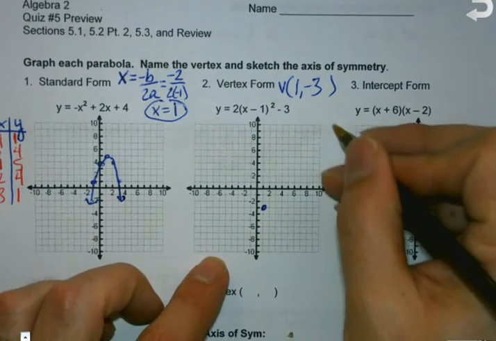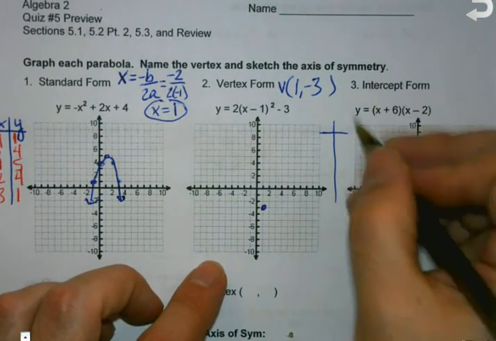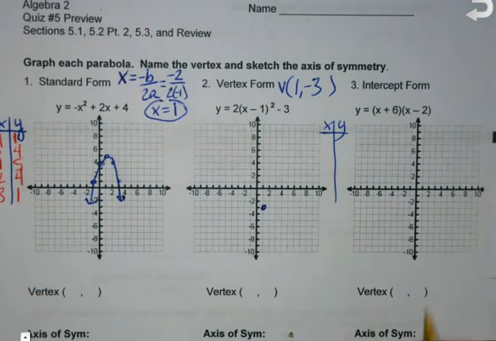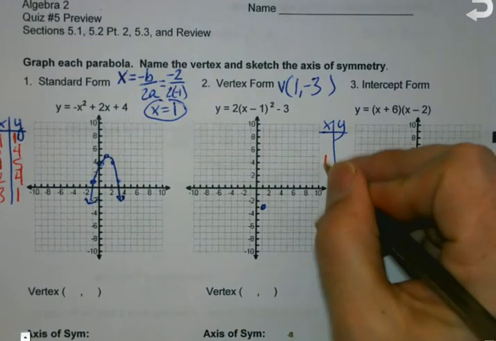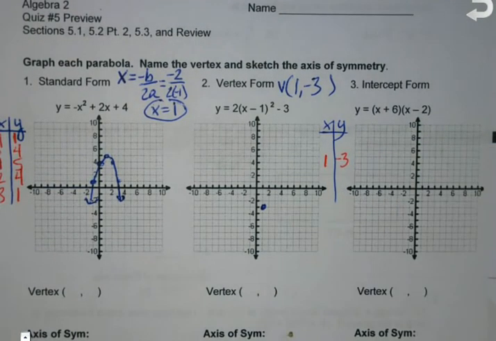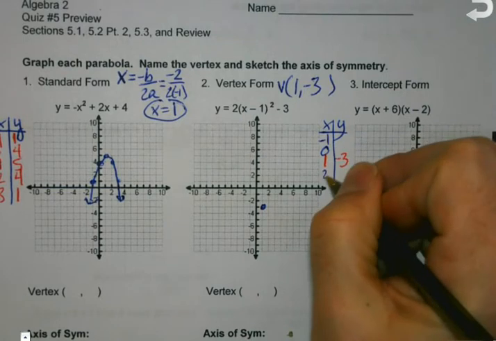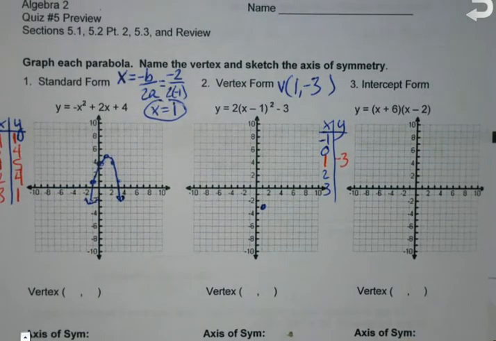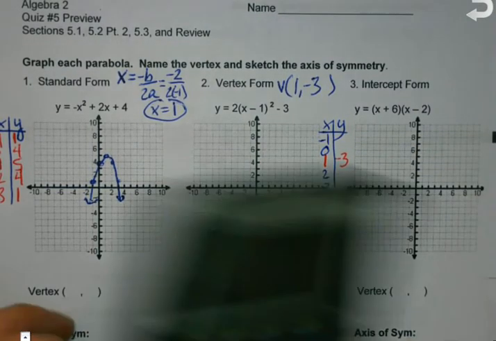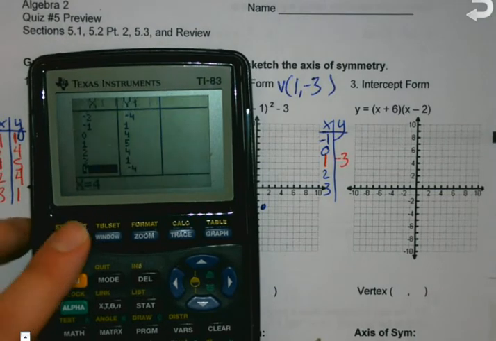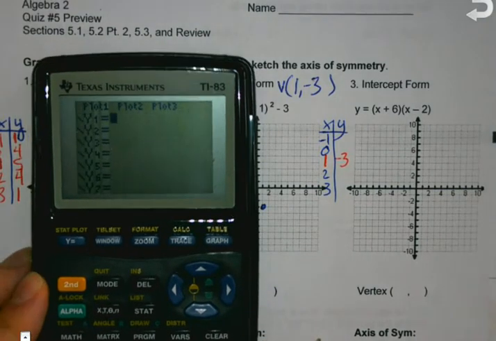Now, that still doesn't mean that I don't need to chart this out. But again, I have my middle, and I want the 2 values greater than and less than. So once again, if I choose, I can go back to the calculator.